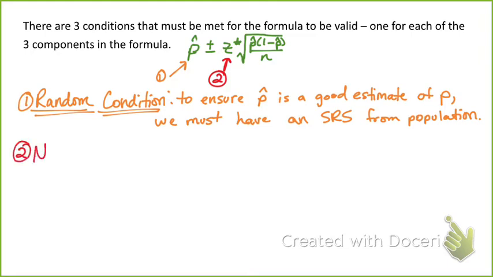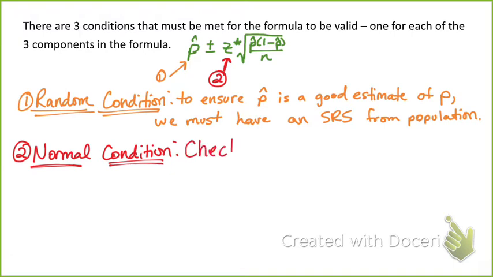So, this is the normal condition. You guys actually already know how to check this one. In order to find out if your distribution is approximately normal for proportions, you just got to make sure the large count condition is good to go. All right? So, check the large count condition.